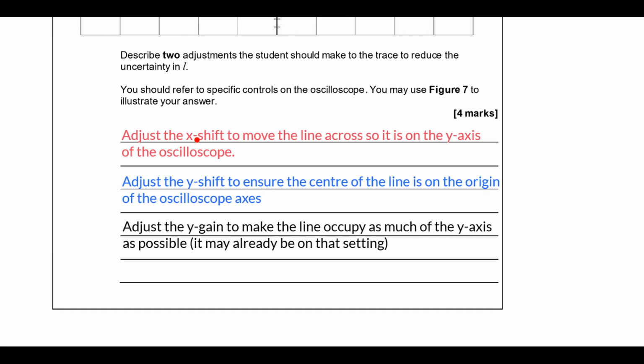So in each case, we've identified the specific thing we'd use, so the X shift and the Y shift, and what we're trying to do with that, we want to move it to the Y axis, and we want to then make sure it's centered on the Y axis, because that's going to make it easier to take measurements and make those measurements more precise and more accurate.